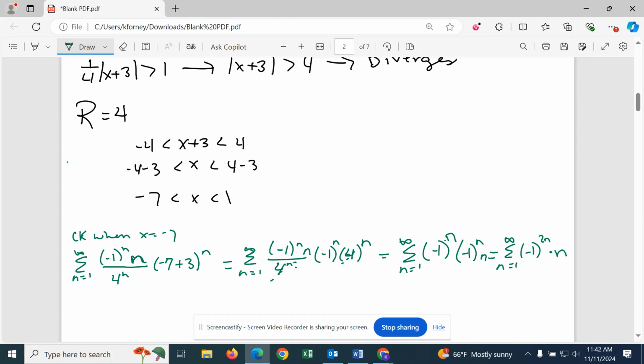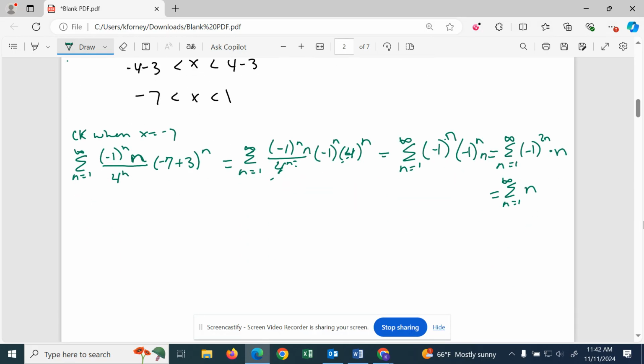What you should notice here is negative 1 to the 2n is negative 1 squared, which becomes positive 1 to the n, which is just positive 1. So this is what we get: the summation from 1 to infinity of n. This series is divergent if we use the divergence test.